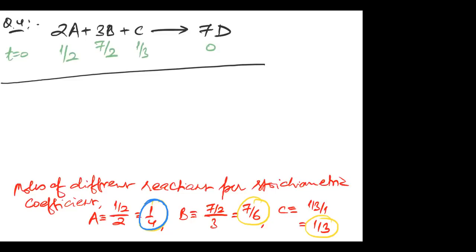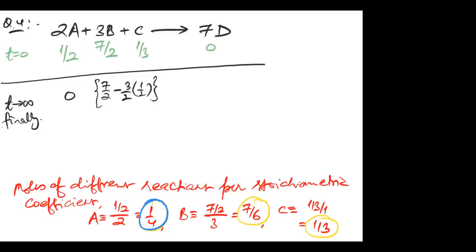So if you see, finally, even at T tends to infinity, on completion of the reaction, A, which is the limiting reagent, you will get as 0 moles. The moles of B remaining should be equal to 7 by 2, which was the initial number of moles, minus how much gets consumed with half mole of A. It is a 3:2 ratio, so it is 3 divided by 2 multiplied by half.